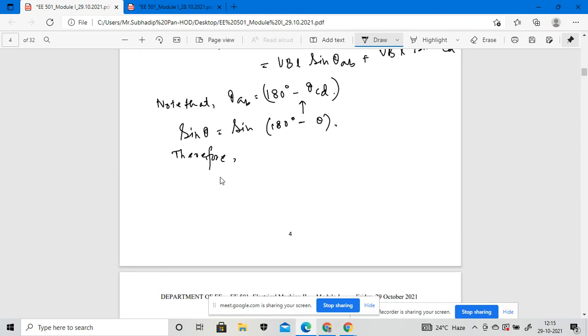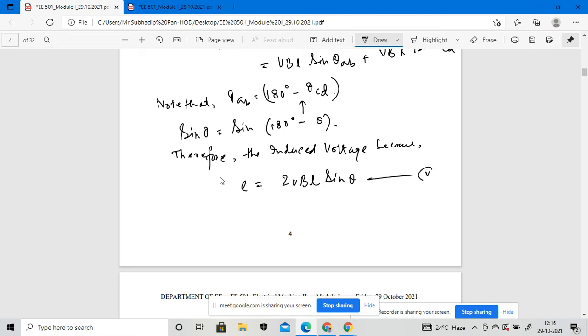Therefore the induced voltage becomes E is equal to 2 into VBL into sin theta.